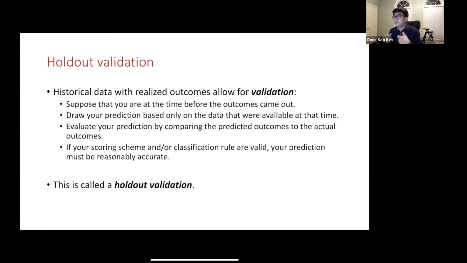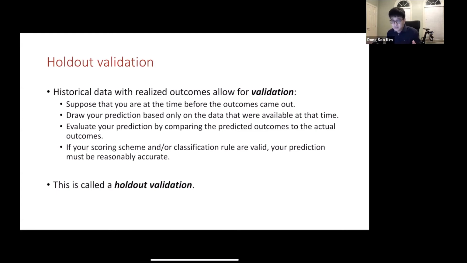Second, make your prediction based only on the data that were available at that time. Third, evaluate your prediction by matching the predicted outcomes against the actual outcomes. If your scoring scheme and classification rule are valid, your prediction must be reasonably accurate.